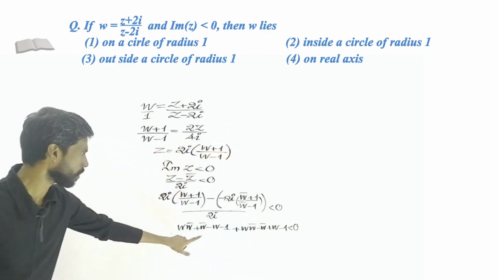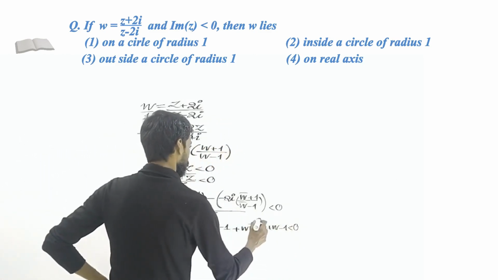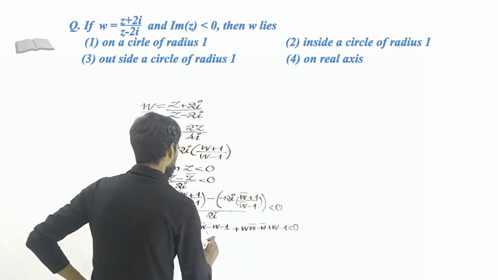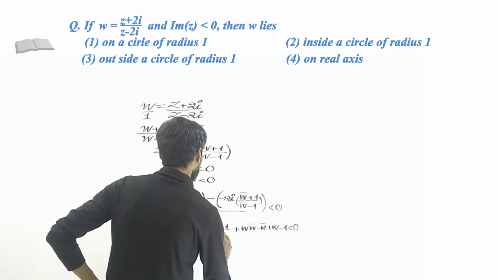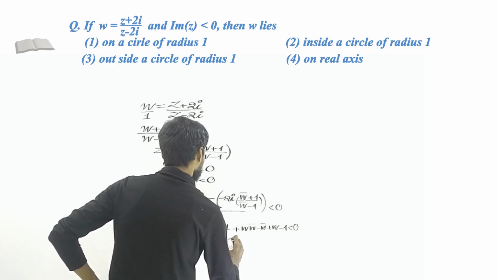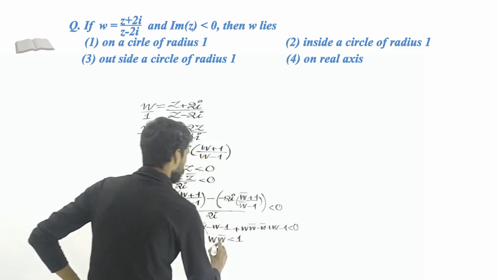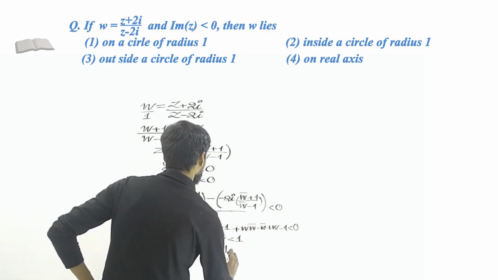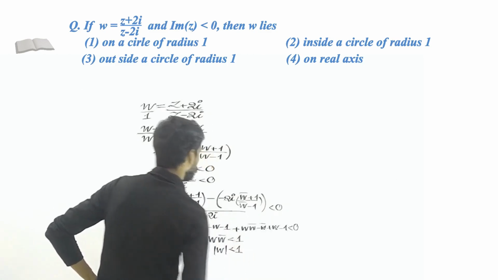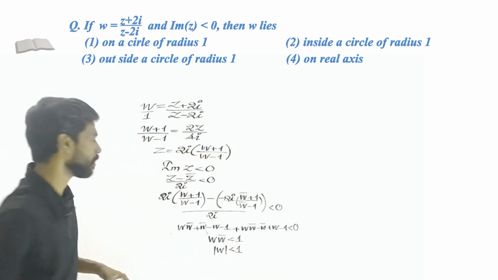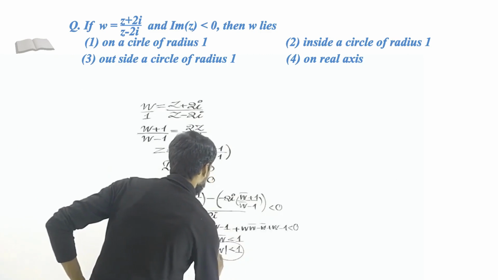Now these values get cancelled, right? w bar minus w bar, so these cancel. Which means we are getting w w bar less than 1, dividing by 2. What is w w bar? That is modulus of w the whole square. So taking square root, modulus of w less than 1. That's all. So that is the condition satisfied by w.